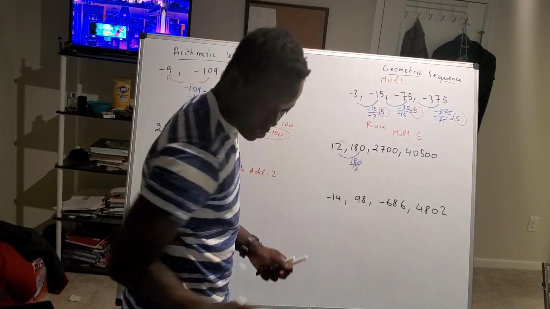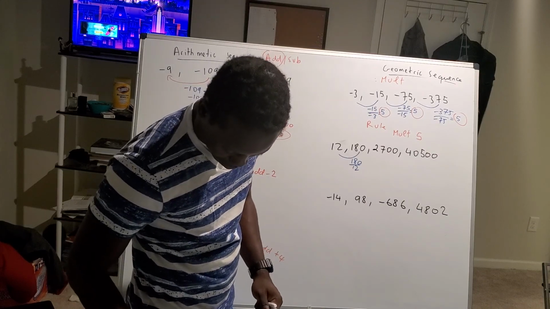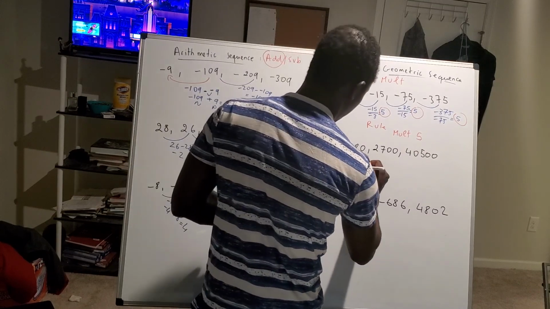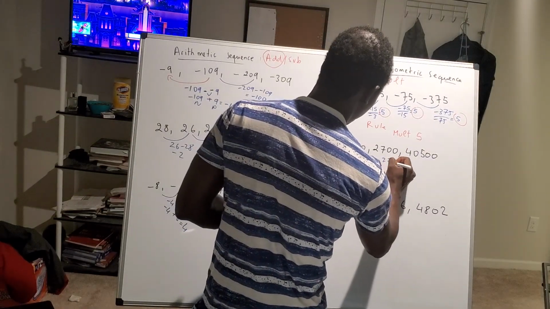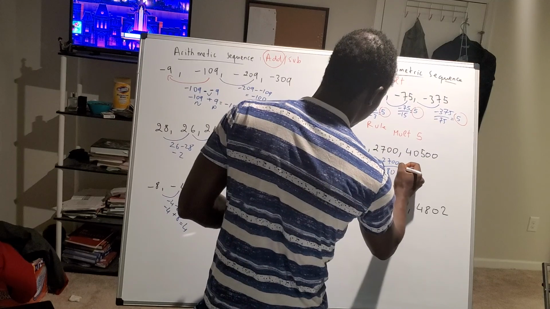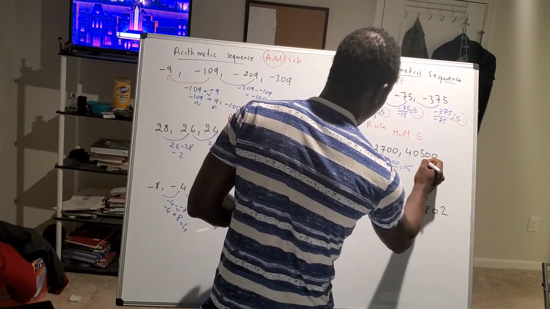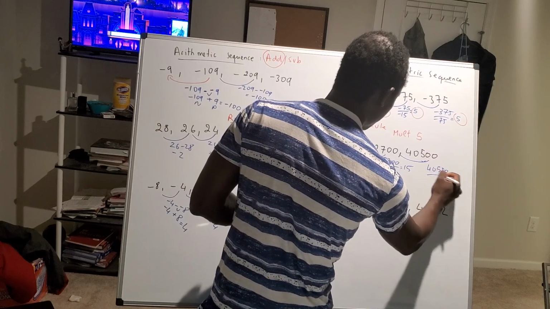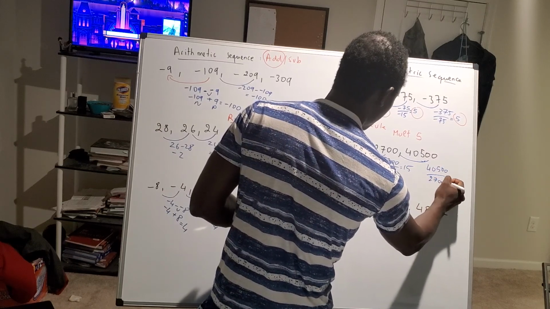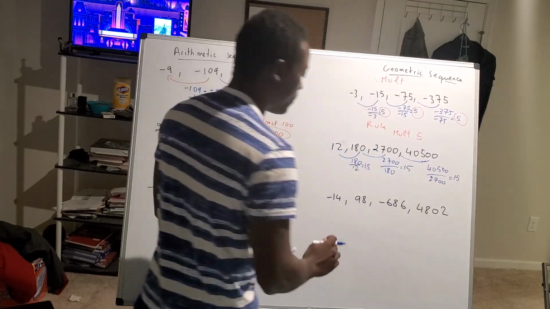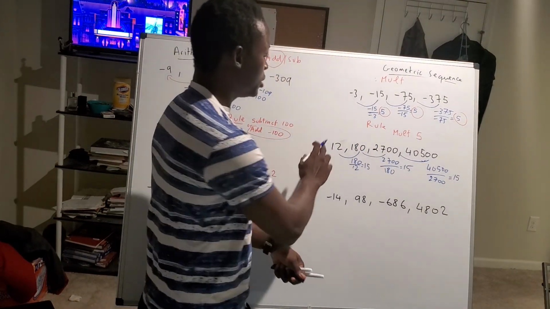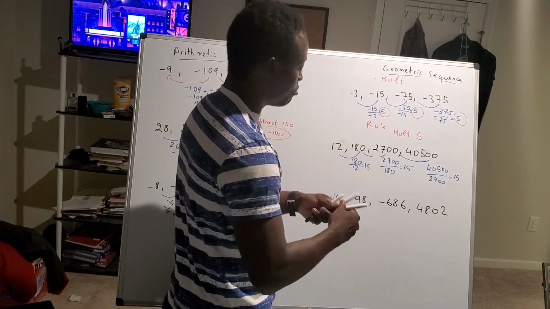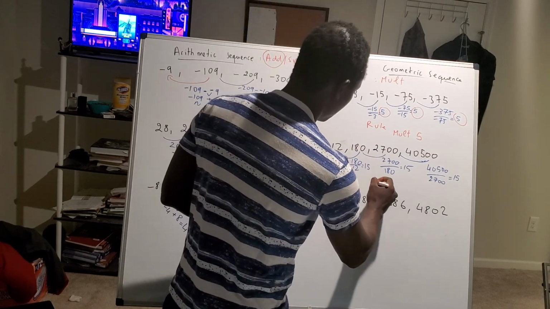Again, you can use your calculator. 15. Alright, so 2700 divided by 180, 15. Same thing here. 40,500 divided by 2700 equals 15. Alright, now, what's my rule? 12 times 15 is 180, 180 times 15. So my rule is multiply 15.